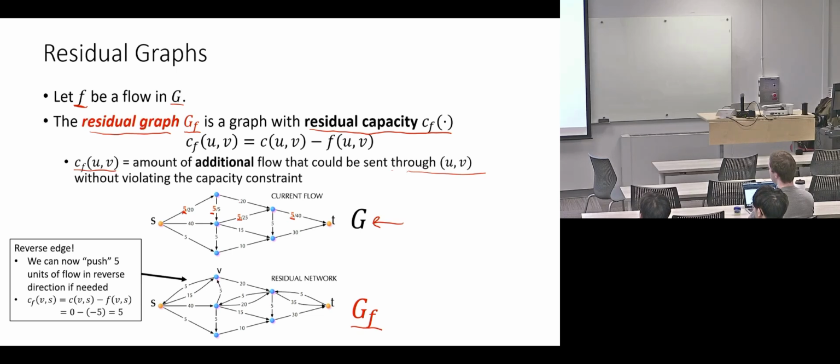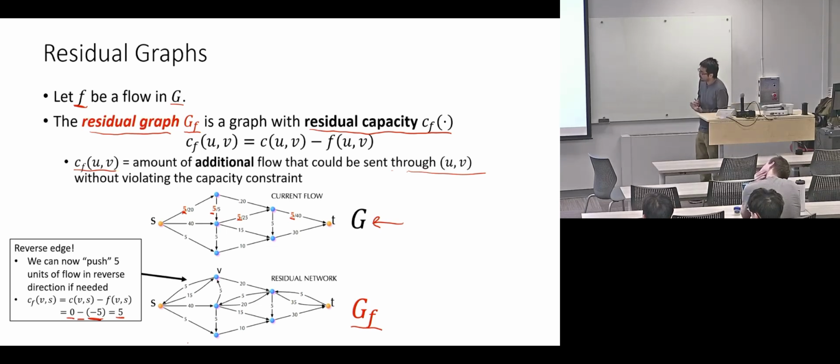So in this direction, the capacity is 15 because you have capacity 20 minus 5. But what about this edge? From S to V, it has capacity 0. But the flow from V to S is minus 5 because the flow from S to V is 5. So the capacity here is 0 minus minus 5, so it's 5.